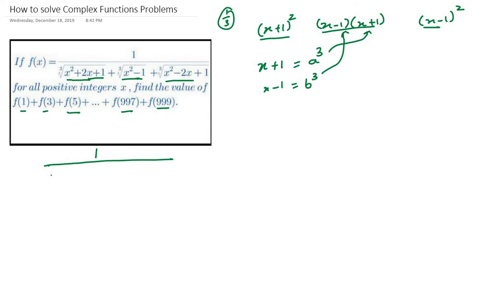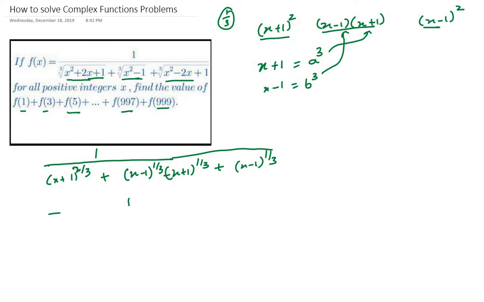So the first term is x plus 1 raised to 2 by 3, the second term is x minus 1 cube root into x plus 1 cube root, and the third term is x minus 1 cube root, right?